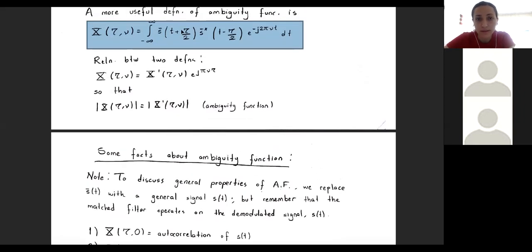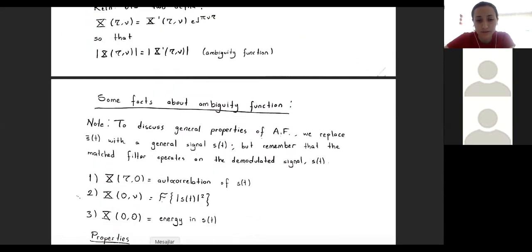If you insert that here, with tau 0 and v 0, you get inside this integral the magnitude squared of s integrated. That's basically the energy of the s bar function. For simplicity, we are now dropping the bar here. So this is the energy in the S bar signal.